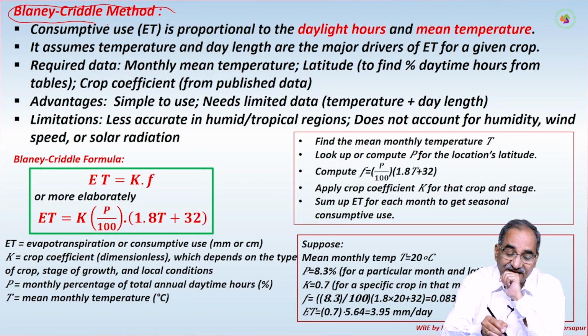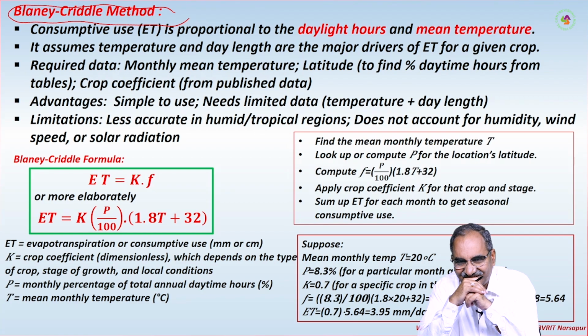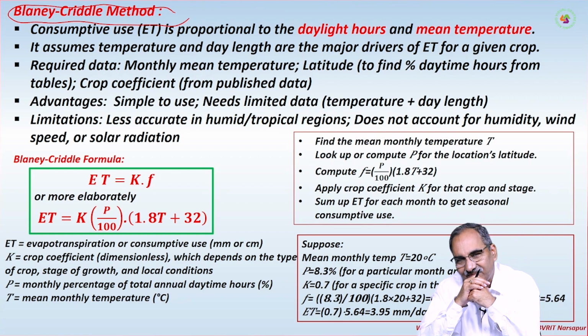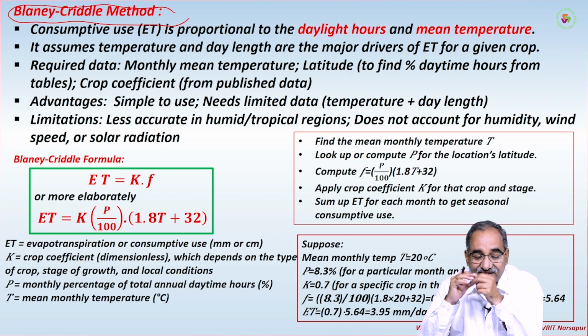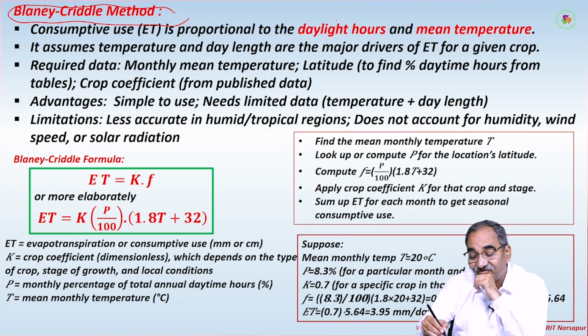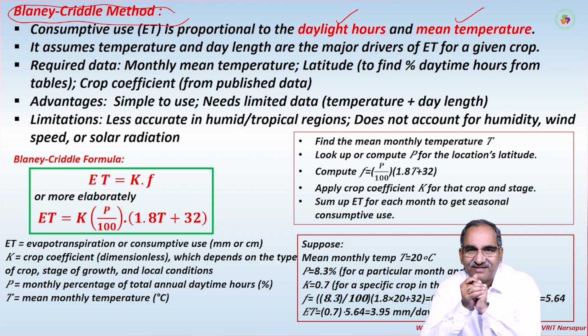First, I will take the very important one. Please remember the Blaney-Criddle method. The Blaney-Criddle method is one of the most important methods for estimating evapotranspiration. Evapotranspiration is proportional to, number one, daylight hours, and number two, mean temperature.